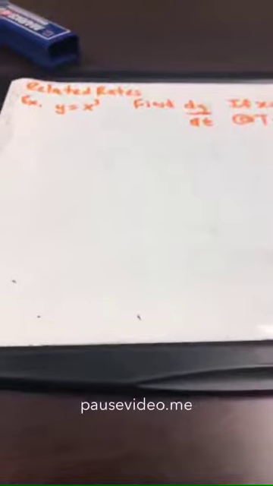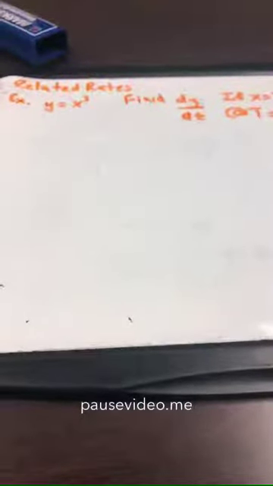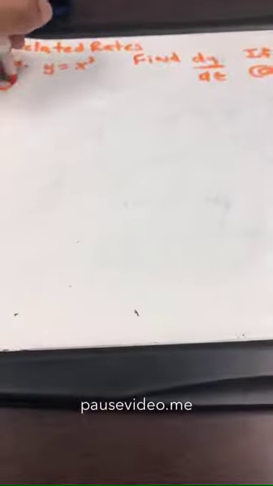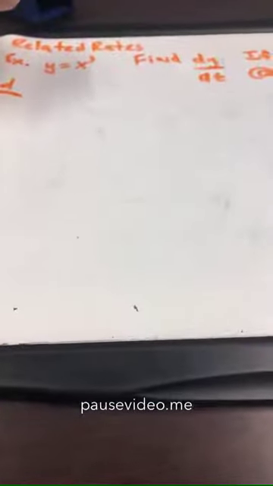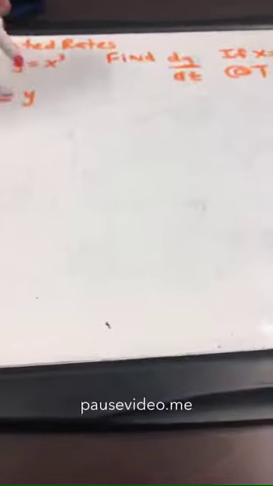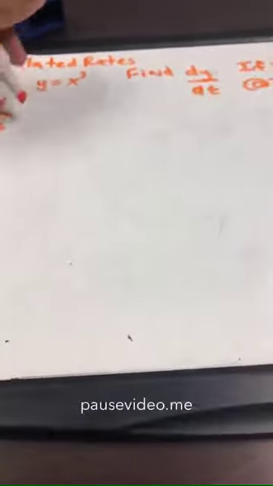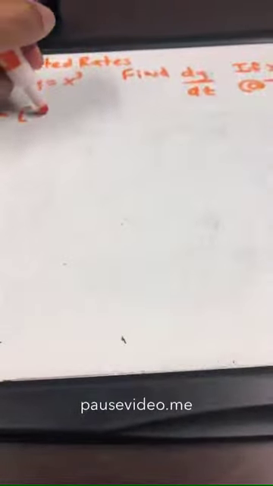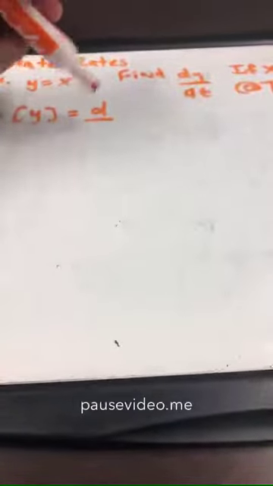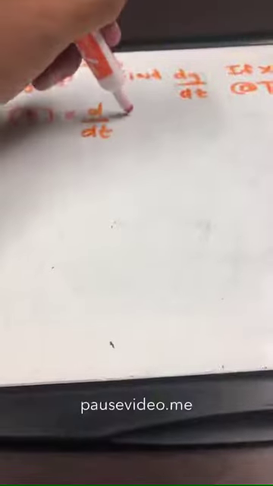So in order to do this problem, we're going to have to take an implicit derivative. We're going to take an implicit derivative with respect to t. Excuse me. Let's change that. So it'll be d/dt of y is equal to d/dt of x cubed.